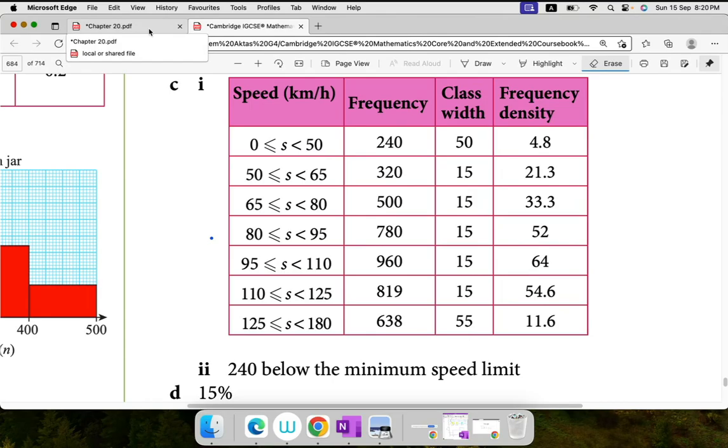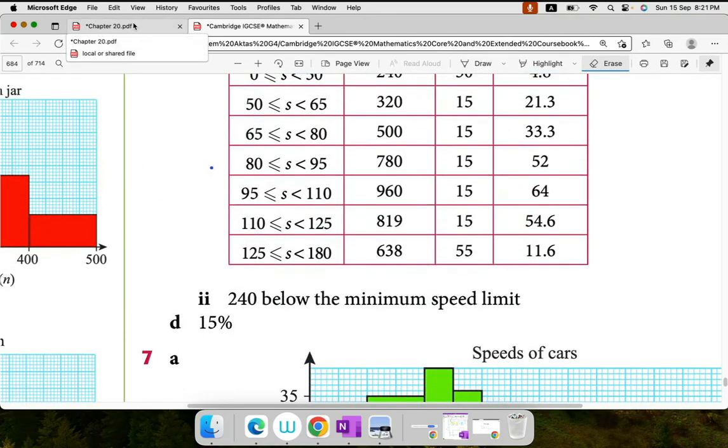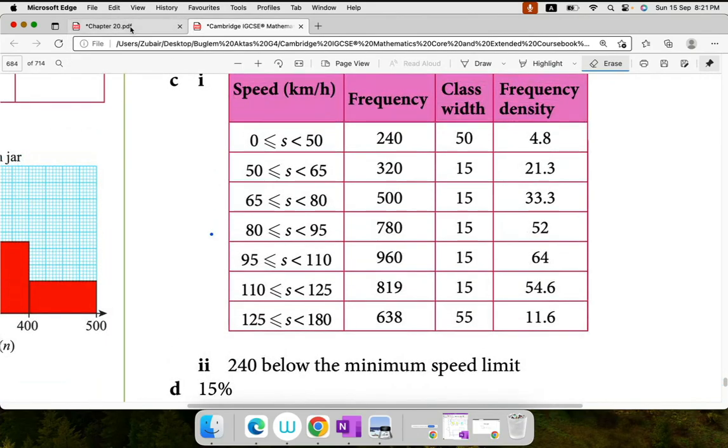So 638 plus 19 plus 960 plus 780 plus 500 plus 320 plus 240, and we're getting 4257. 638 divided by 4257 times 100, and I'm getting 14.987, which is 15%. So 15% were overspeeding, 240 were below the speed limit.